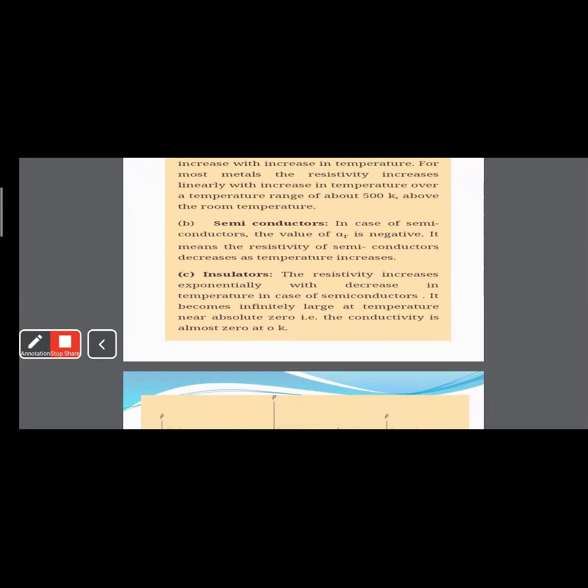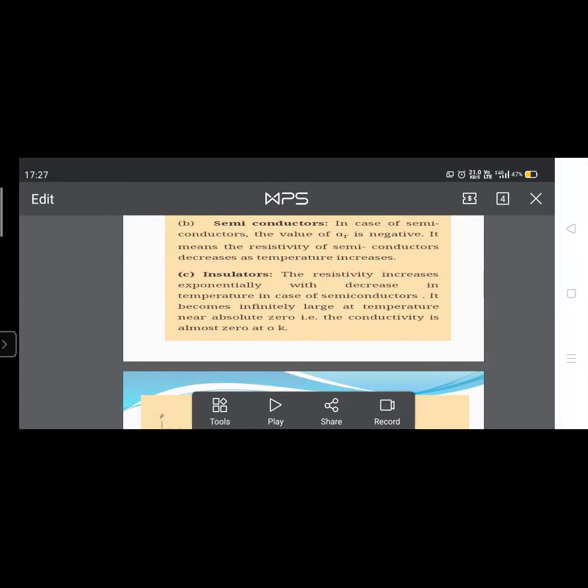So as the temperature of such material is raised, the relaxation time decreases like in metal, but at the same time the number density of charge carriers increases by a much larger factor. So as a result, the resistivity of a semiconductor decreases with rise in temperature, while the resistivity of metal increases while temperature increases. So I think this point is clear to you.